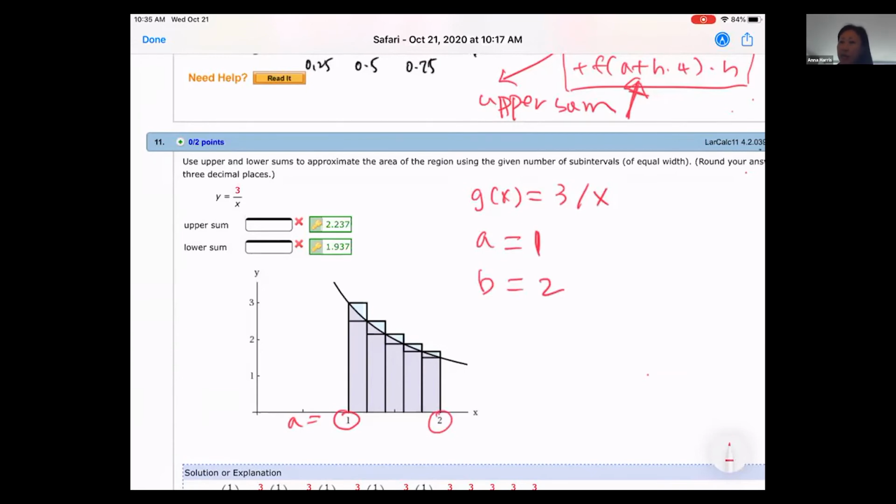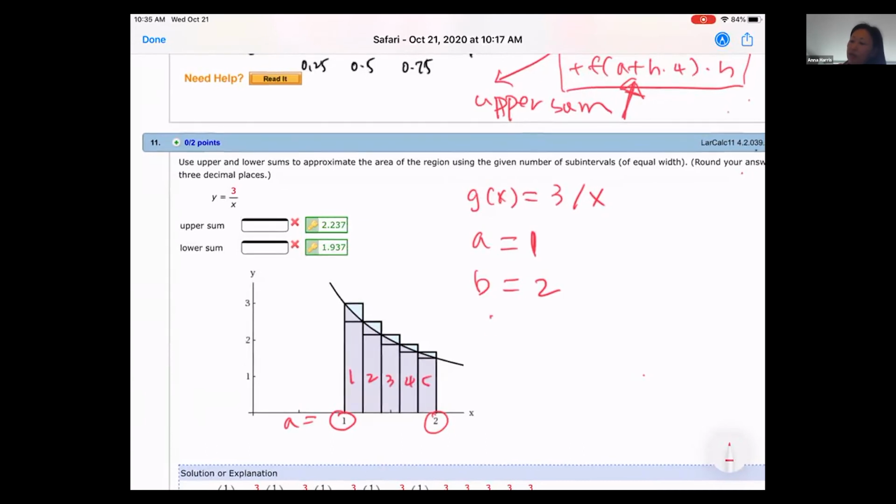How many rectangles do you see? 1, 2, 3, 4, 5. So n is equal to what? 5. So now you need to calculate your h, your width. h is equal to what? b minus a over n. 2 minus 1 over 5, which is 1/5.